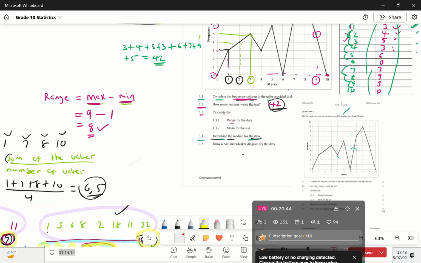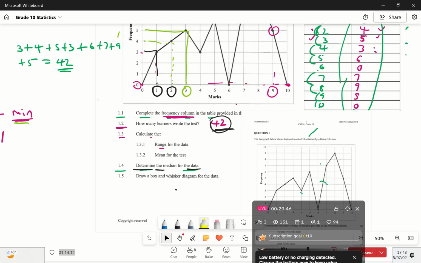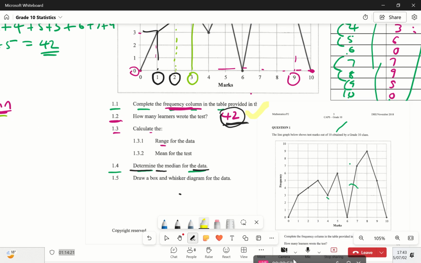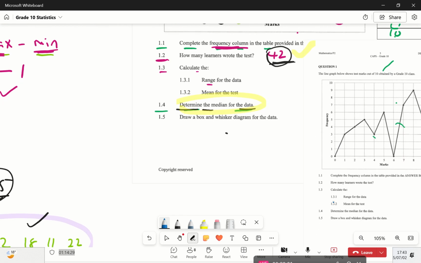So we have that 42 learners wrote the test. Therefore, we're going to have two middle values, which we're going to divide by 2. Now how do we find this middle value? We're going to use the count method that I just taught you. If it's odd numbered, you go n minus 1 over 2.